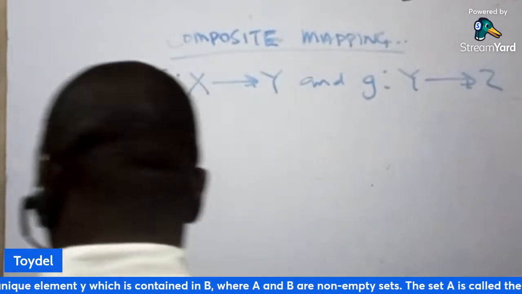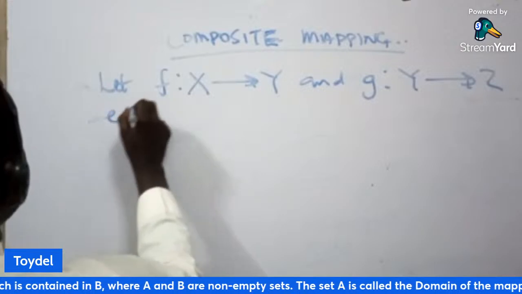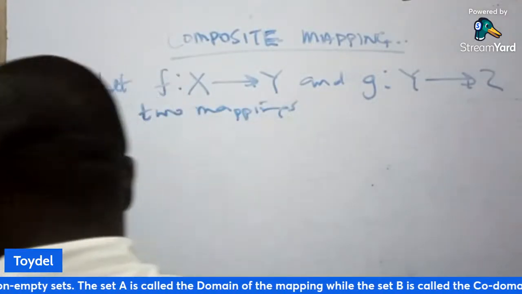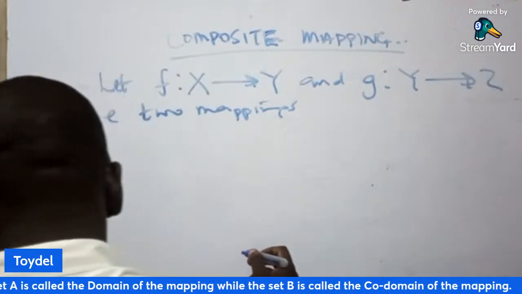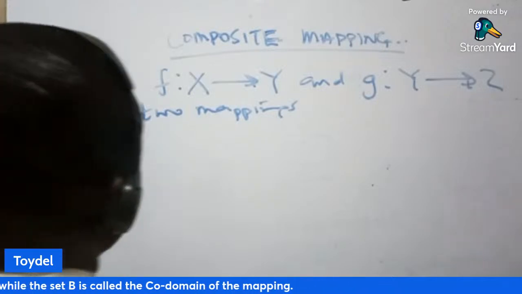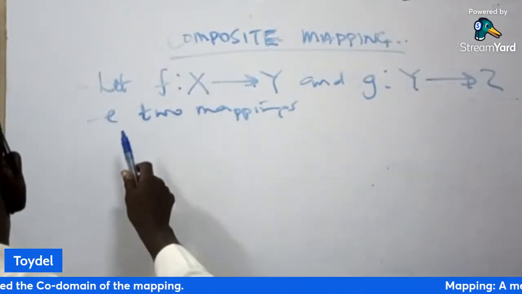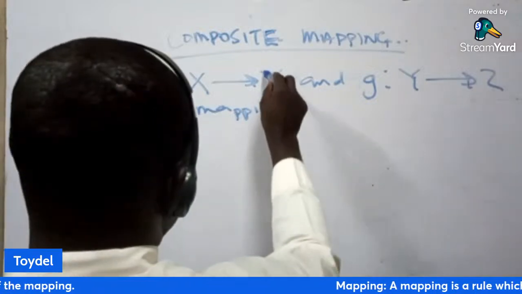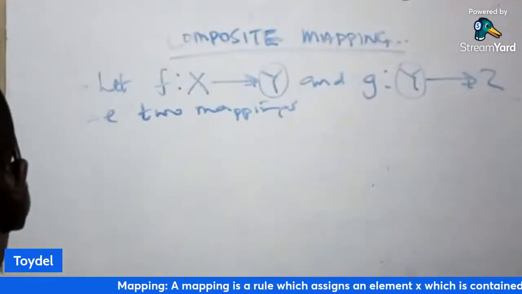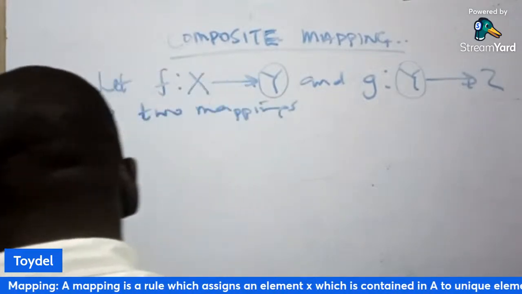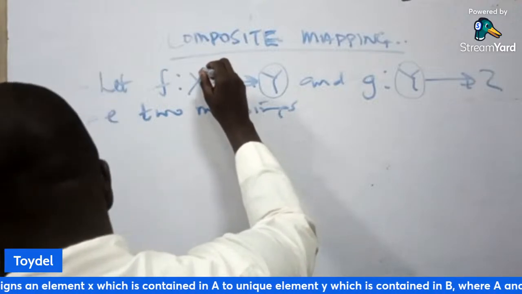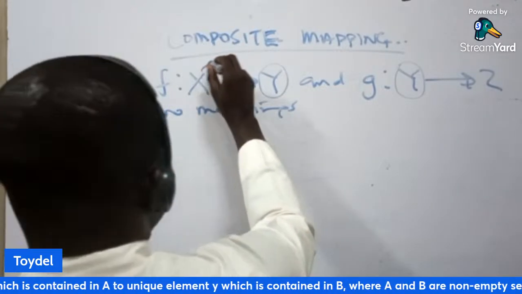So if we let f and G be two mappings such that the codomain of f, y, is the domain of G, then the mapping takes an element from x and produces an element in y.